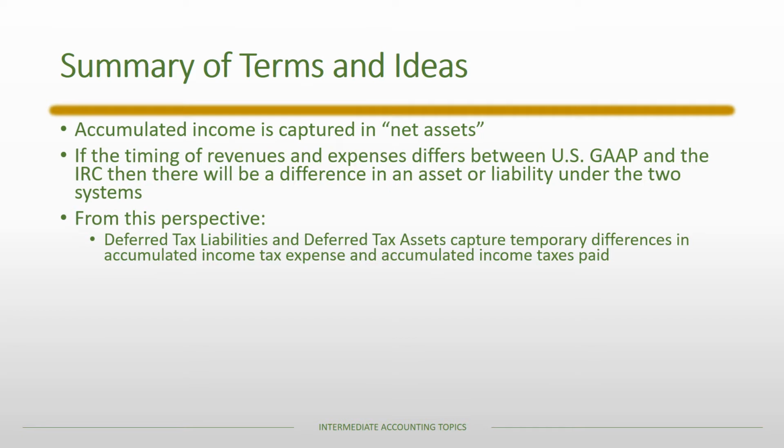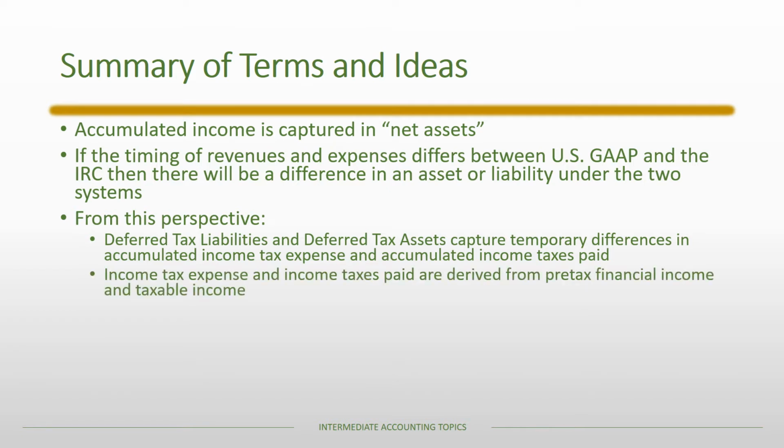I want to be very clear that the reason I use the word accumulated is because a deferred tax liability or a deferred tax asset may have effects for multiple years. And so you have to accumulate the difference in order to understand what the balance in the deferred tax liability or the balance in the deferred tax asset ought to be. But again, that's the quick and easy idea of what it is really capturing.